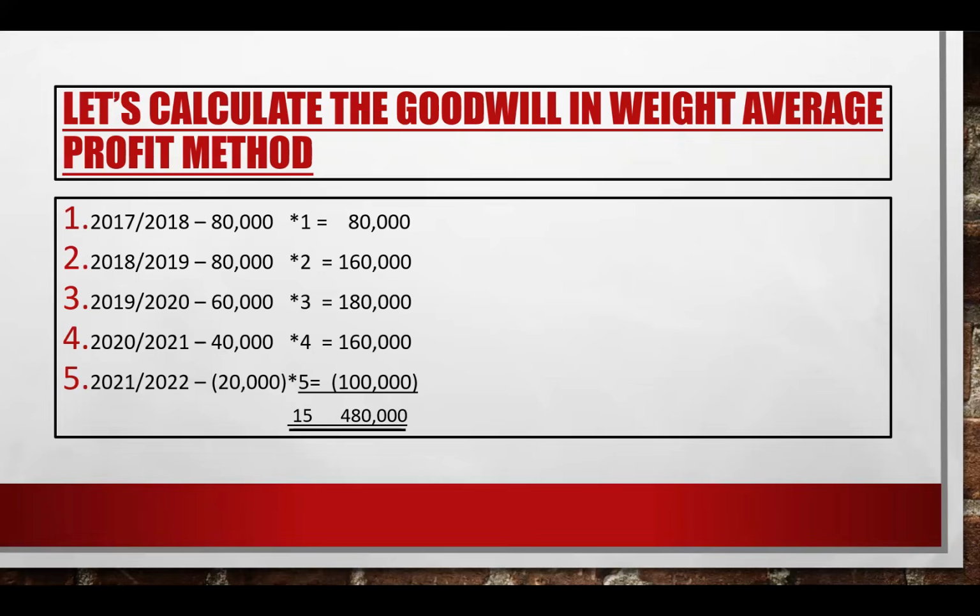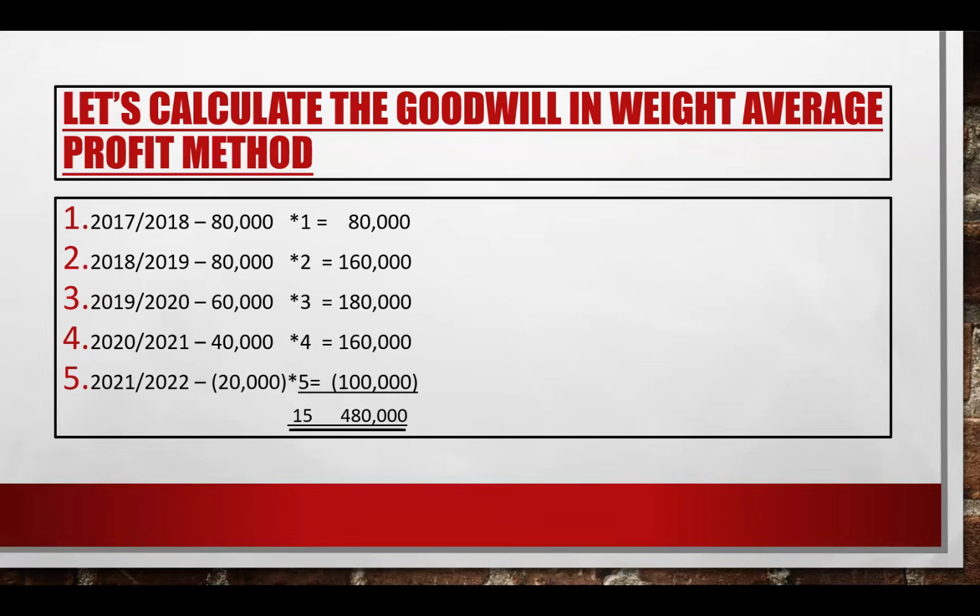Could you understand why we put the numbers? You may not know why I did it like this. Because we have to get the weighted average profit in order of the years. That's the first step.